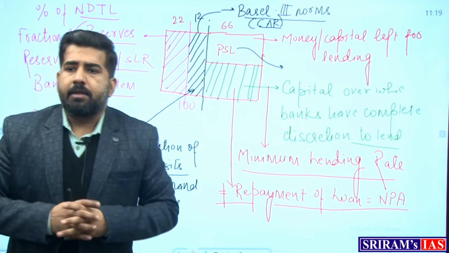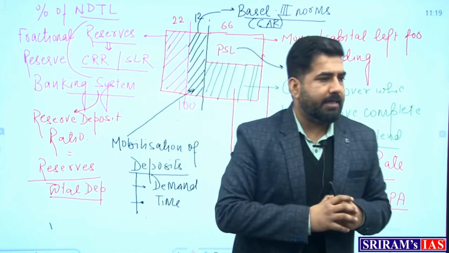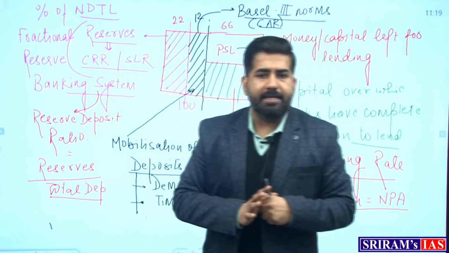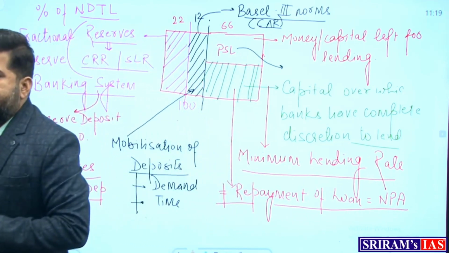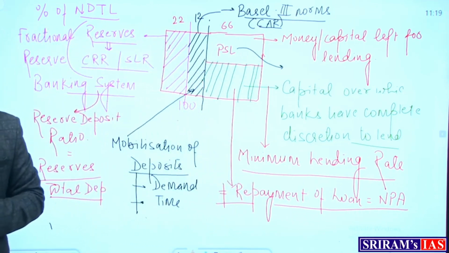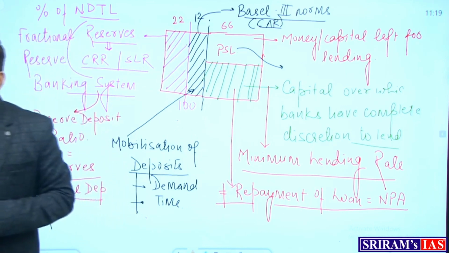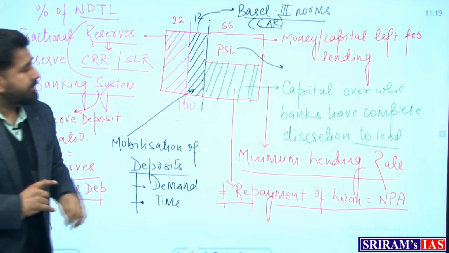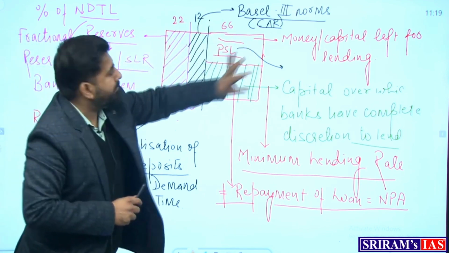I told you banks put their money in cash form with the RBI under CRR. Does the bank earn any interest income on this? No. Now if I talk about the SLR, does the bank earn any income with respect to SLR? Yes.